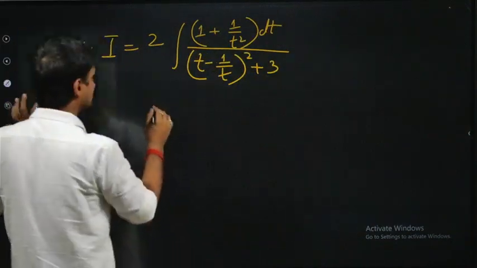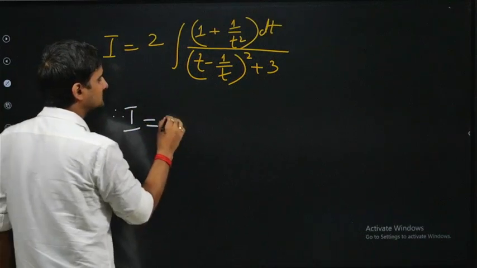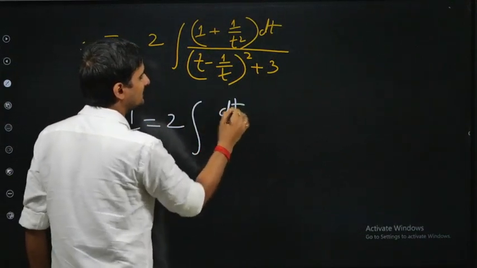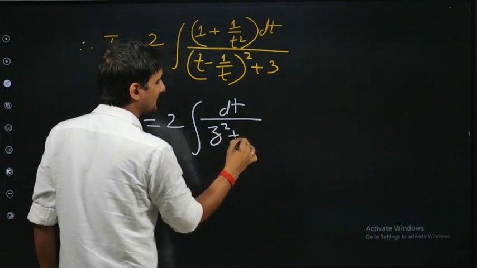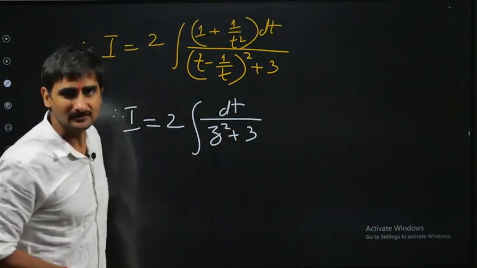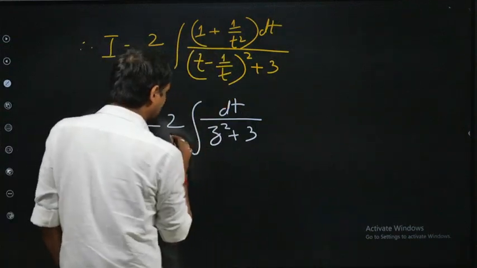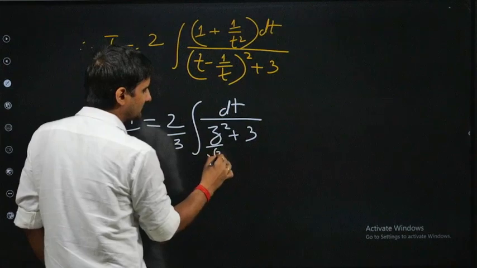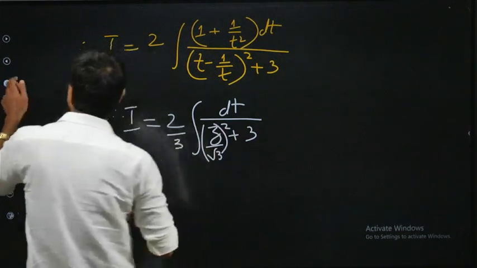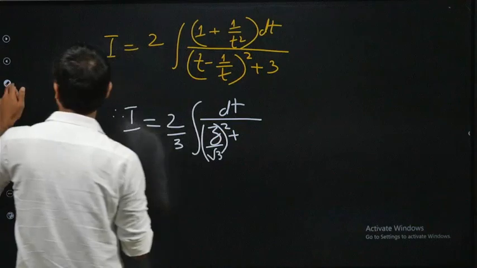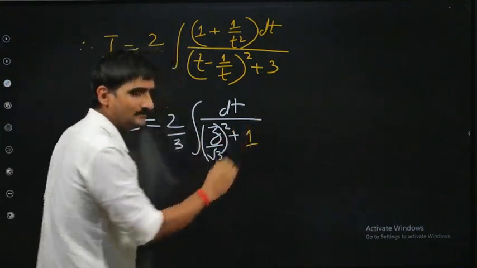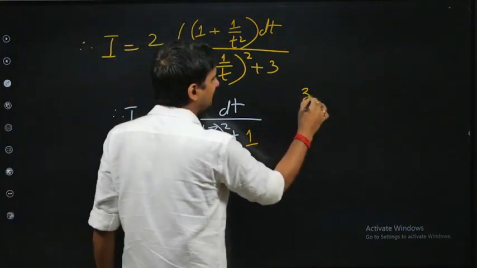So the integral is 2 times dz over z squared plus 3, whose integral is of course tan inverse of z by root 3. Just take 3 common, so you have 1 by root 3 whole square, and then 1 here.